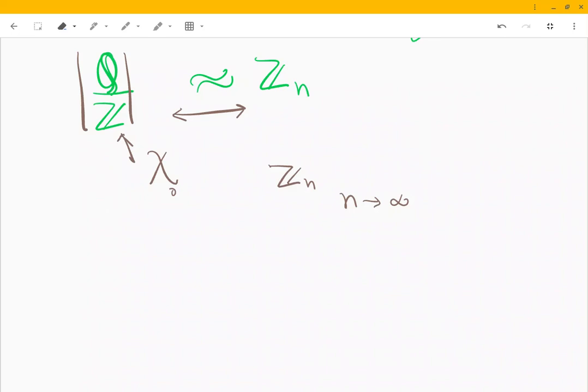If n is approaching infinity, then the cardinality is the same. So now to prove isomorphism, we will need to look at other things.